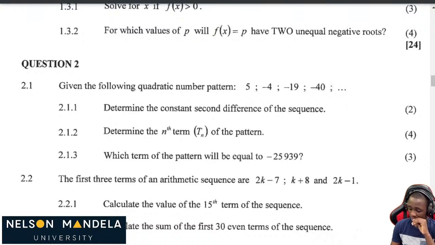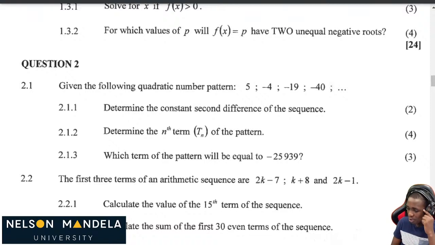Question 2: given the following quadratic number pattern. I'm also going to try to assist you to analyze your question before you answer anything. They are already telling you what this pattern looks like. This pattern is a quadratic number pattern.